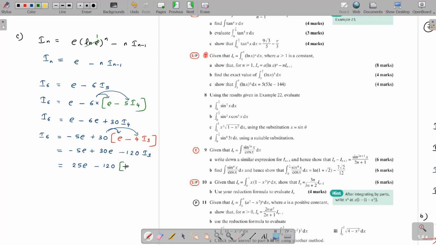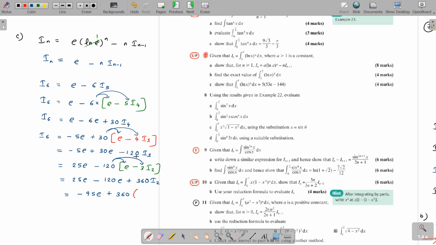I3 is again e, replace here, n is 3, e minus 3 I2. You see? Open the bracket again. 25e minus 120e, minus 120 into minus 3 is plus 360 I2. 25e minus 120e is minus 95e plus 360 I2.